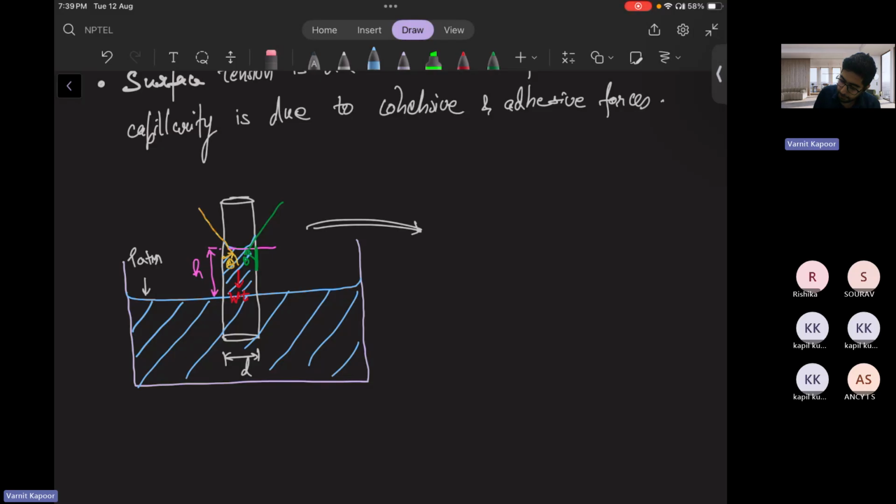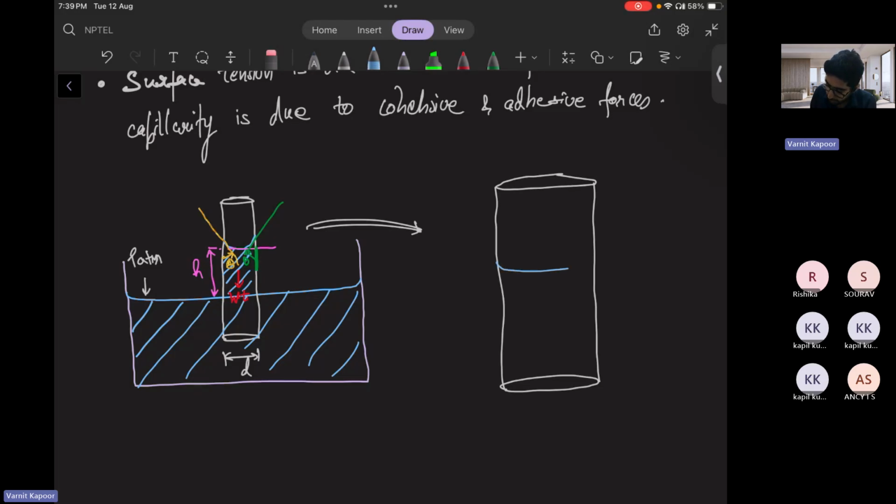So I'll take a pipe, only of the pipe. This was a rise in the liquid. There was a weight acting. There is an angle theta. If you draw a tangent, there is an angle theta from here till here.